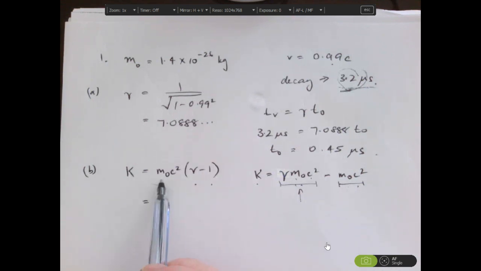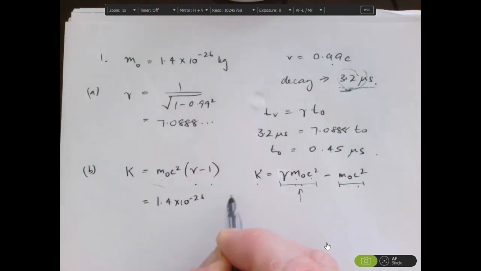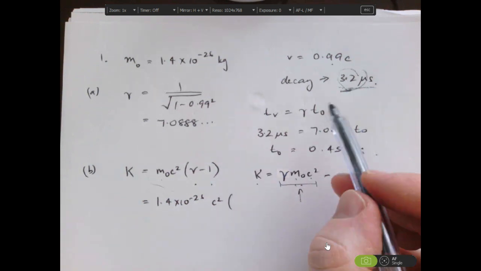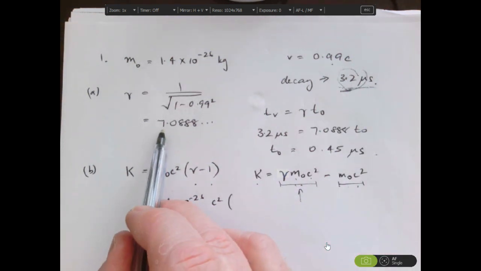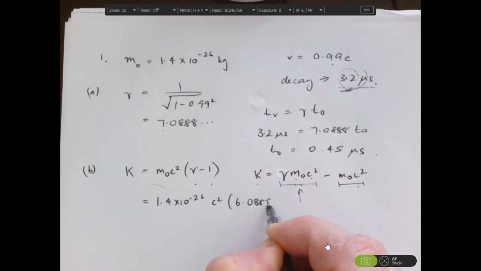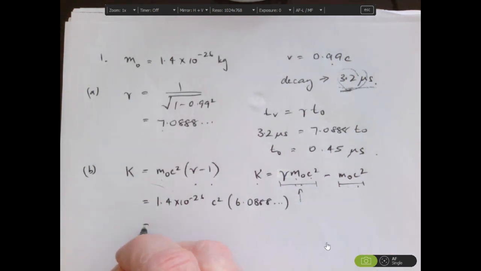So I need the rest mass, and I've been given that. That's 1.4 by 10 to the minus 26. Then we're going to multiply by c squared, and the gamma is 7 point whatever, so we're going to be using 6 point whatever for gamma minus 1.